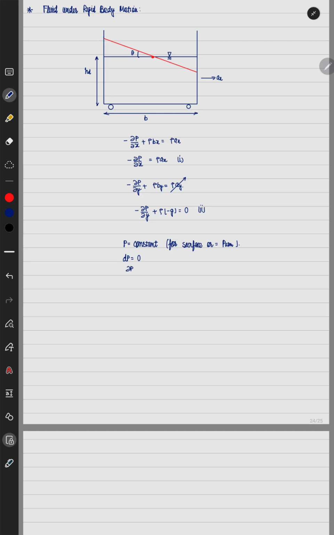So dP can be given by del p by del x into dx. Change in pressure is equal to 0. So rate of change of pressure with respect to x into dx plus rate of change of pressure with respect to y into dy is equal to 0. Del p by del x we have obtained as equal to minus rho into ax, plus del p by del y we have obtained is equal to minus rho g.